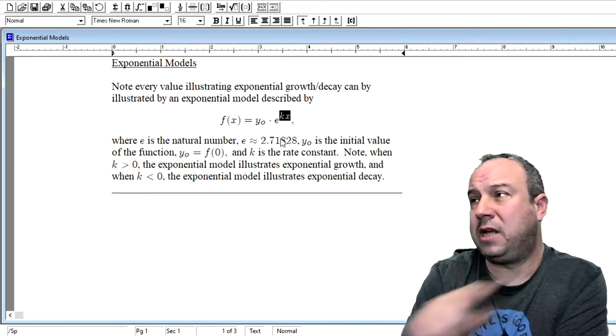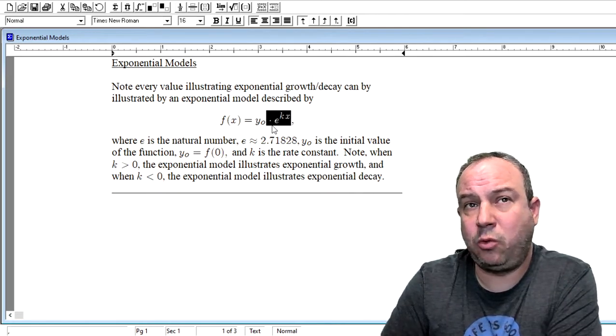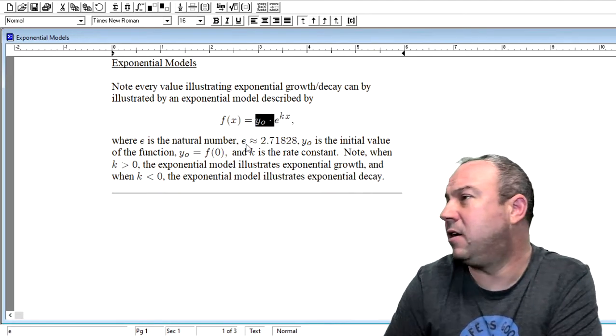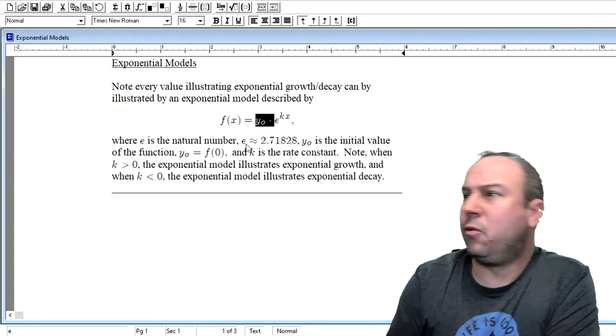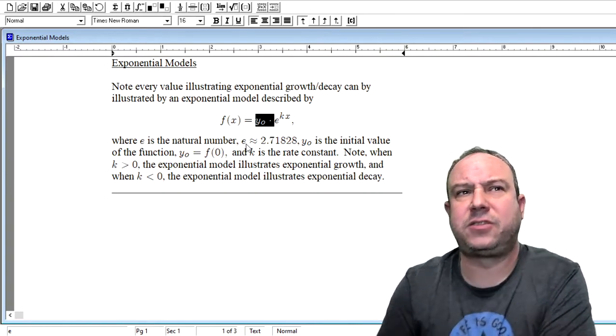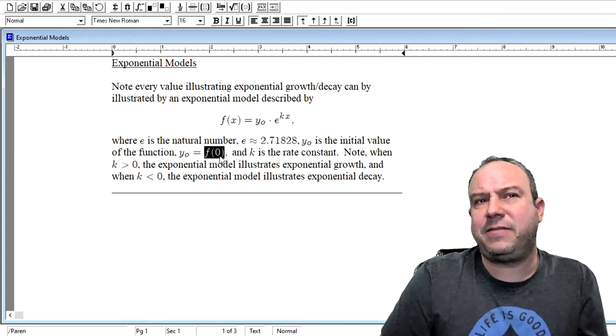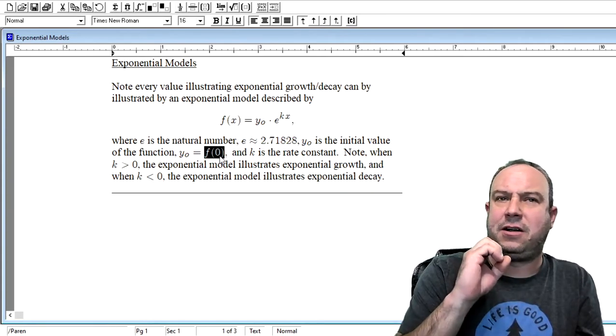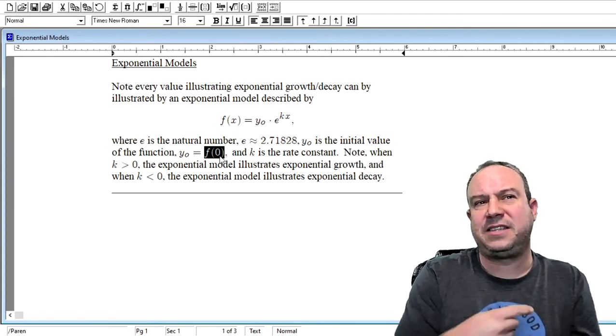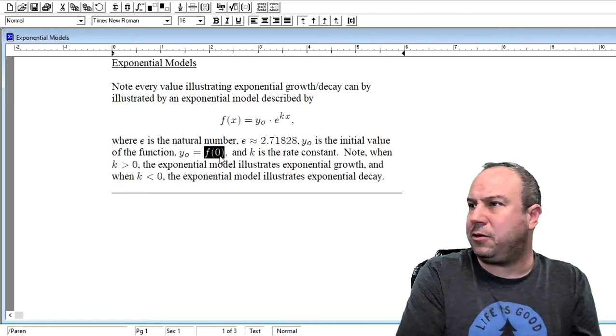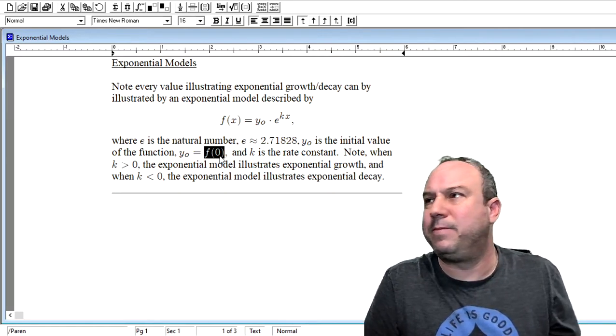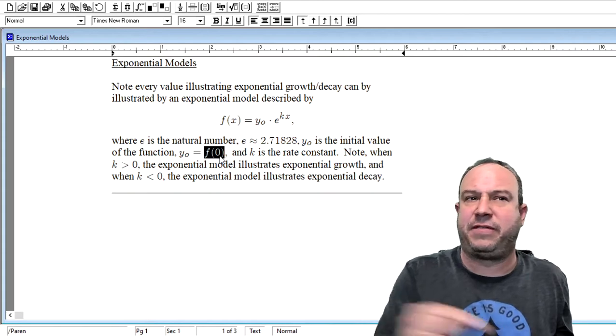So you will have 1 times y null, and 1 times y null will just be y null. So y null is the value of our function f at 0, and it's known as the initial value of the exponential relationship, or of the function.